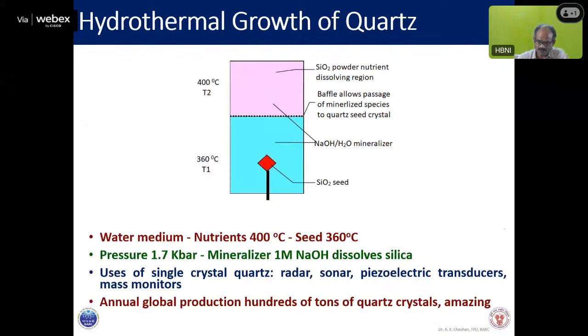Here also the same thing has been shown, but this is opposite to that. Here it is SiO2 powder, dissolved in the water, and then there is a baffle which allows passage of mineralized species to this side where a seed is placed, and this NaOH is at both the places.